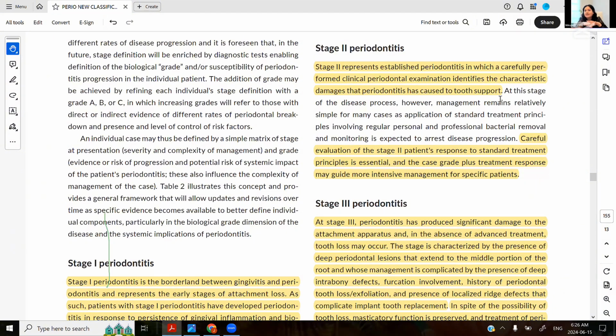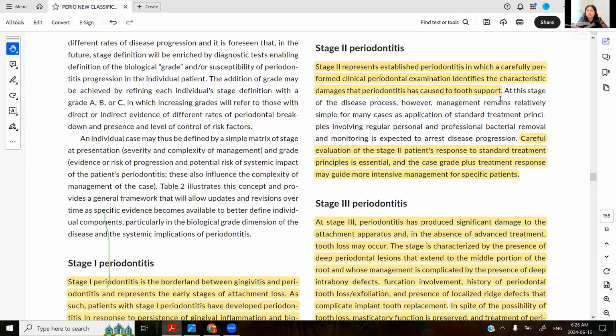Stage 2 is an established periodontitis in which a carefully performed clinical perio examination identifies what damage has already occurred on the tooth support. Careful evaluation of stage 2 and the patient's response to the treatment is essential, and the case grade plus treatment response can guide more intensive management for specific patients.